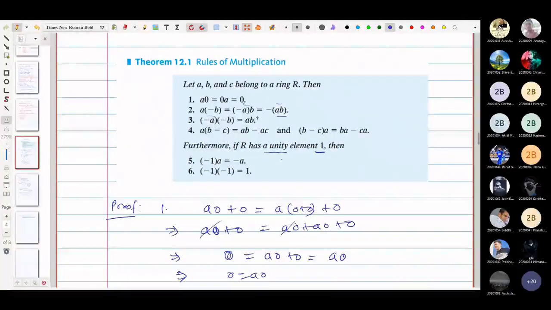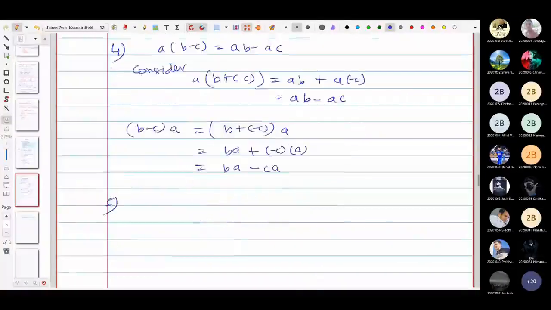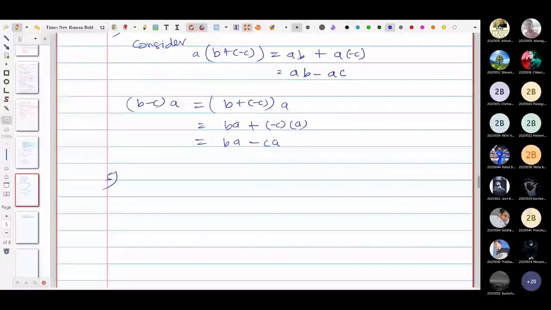But until now, because we have not proved it, that's why the word "a" is used here. Units are the elements of a ring which have a multiplicative inverse.